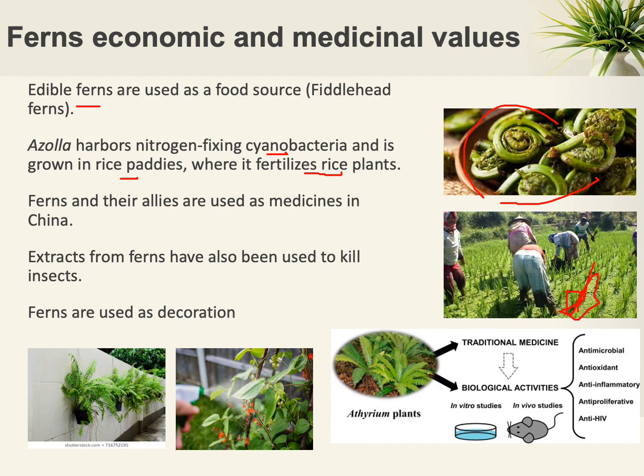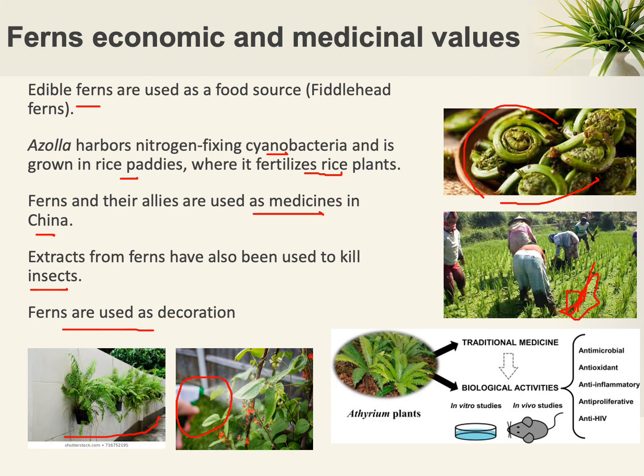Ferns and their allies are also used as medicines in China, usually as a cough medicine. Extracts from ferns have also been used to kill insects; they are made into pesticide. Ferns are also used as decoration, so you can hang them in your garden, which looks very nice.